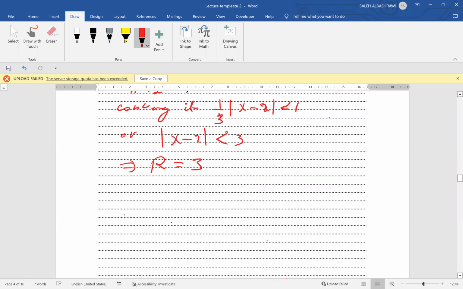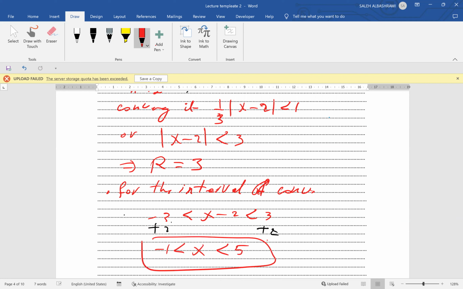Now for the interval of convergence, I will solve the inequality. It is minus 3 less than x plus 2 less than positive 3. If we subtract 2 from both sides, I will have minus 5 less than x less than 1.